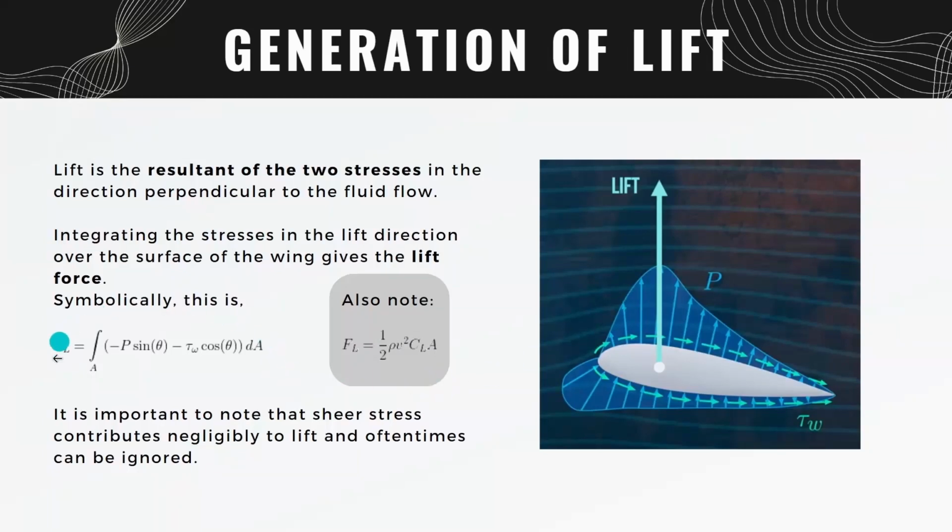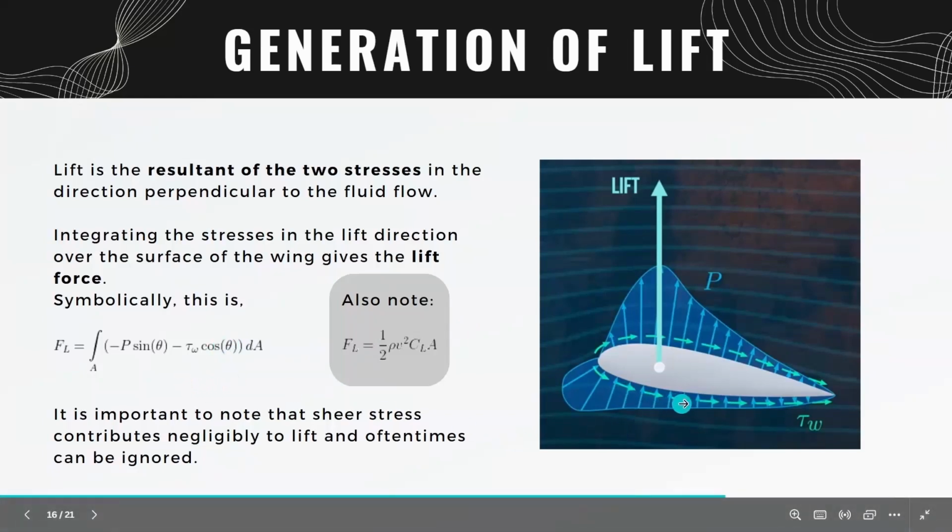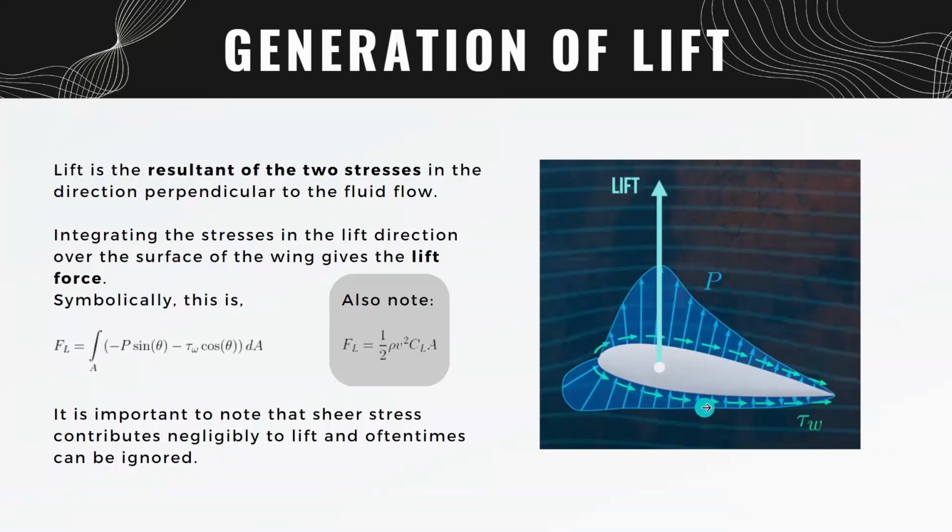As we can see in the formula, minus p is representing these pressure vectors, and tau omega is representing these tangential shear stress vectors. When we integrate this over the entire surface area of the body, in the direction of lift, we get the lift force.